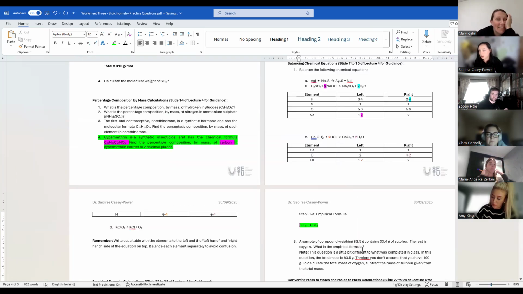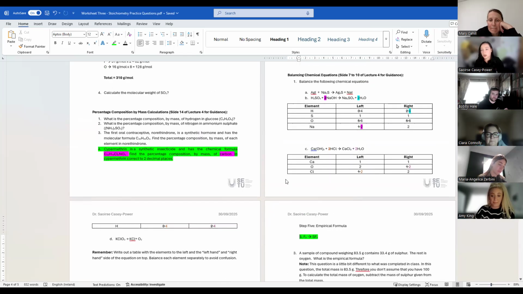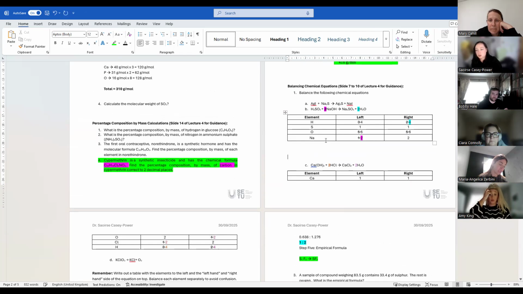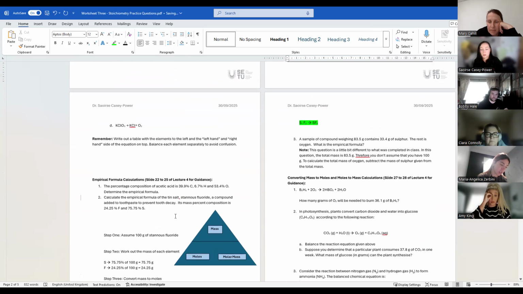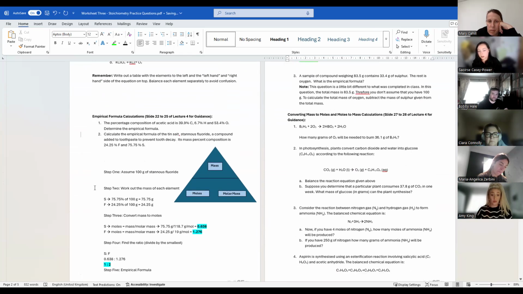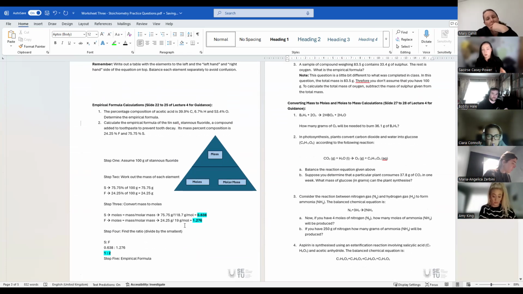Is everyone happy enough with that, guys? I know I'm only doing one example of each, but they're the exact same format each time. Particularly for the empirical formula calculations, it's these 5 steps over and over again. You assume you have 100 grams, the mass, then you work out from the percentage.